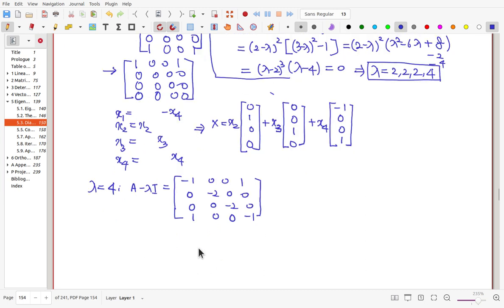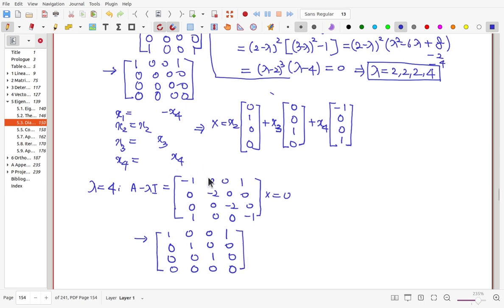Now again, we have to solve this homogeneous system. We can use the same technique, elementary row operations. These two are essentially the same, so we can make it 0 by adding this row here. With scaling, it becomes 1, 0, 0, 1, then 0, 1, 0, 0, 0, 0, 1, 0, and the final one is the 0 row.